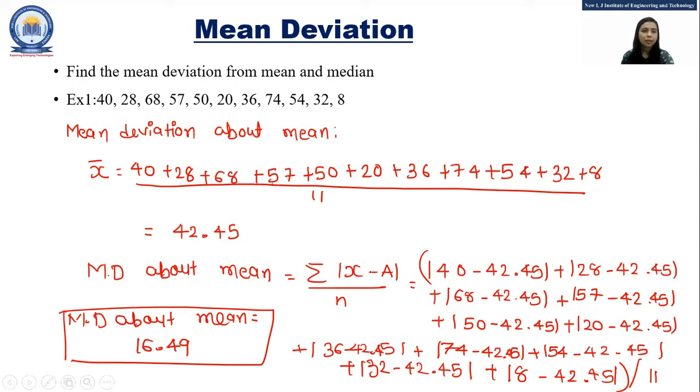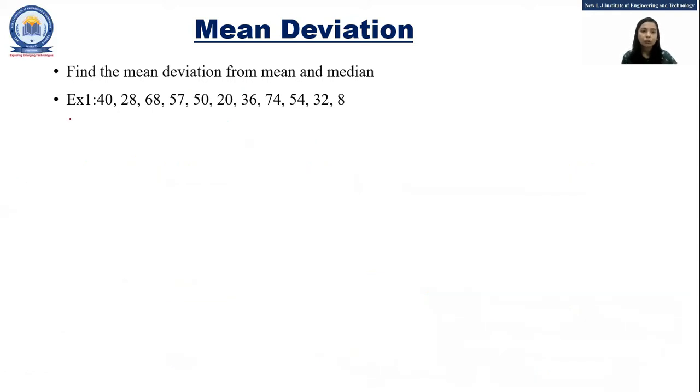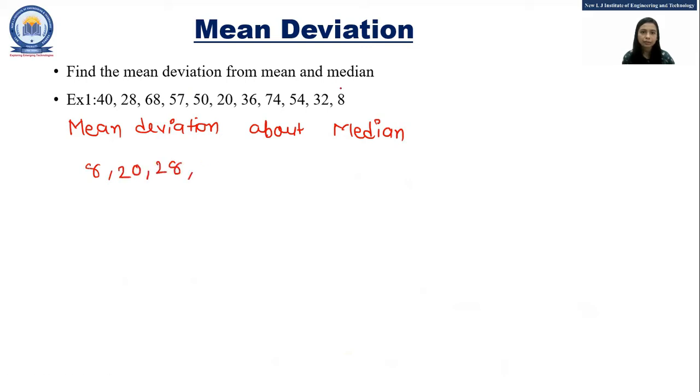Now similarly we can find the mean deviation about median. For this, first we have to find the median. To find the median, first we have to arrange the data: 8, 20, 28, 32, 36, 40, 50, 54, 57, 68 and 74.